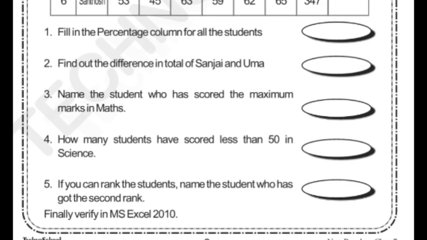Let me read the next question. Name the student who has scored the maximum marks in maths. For this question we have to find the maximum value of a column, the maths subject. We have built-in maximum and minimum functions in MS Excel. You have to select the column of maths values, go to functions and click the maximum function.